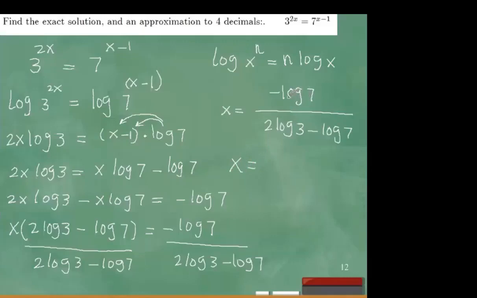You can grab your calculator and evaluate what log of 7 is, log of 3 times 2 minus log of 7. And if you do this correctly, the approximate would be minus 7.7429.